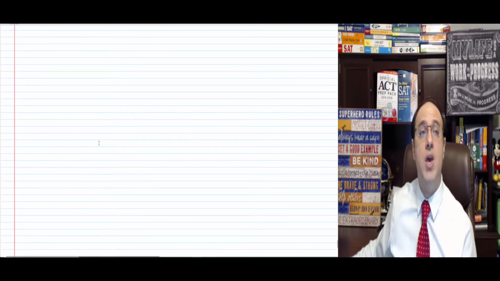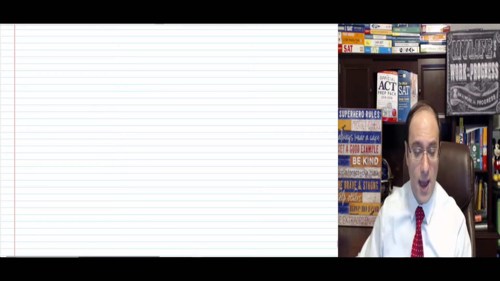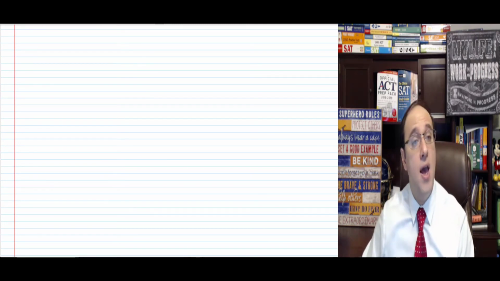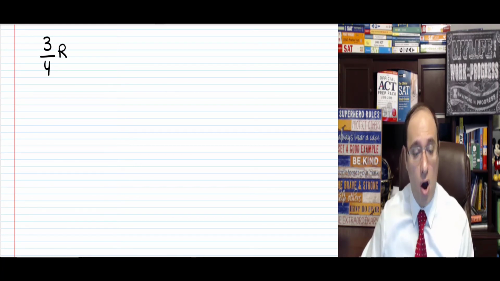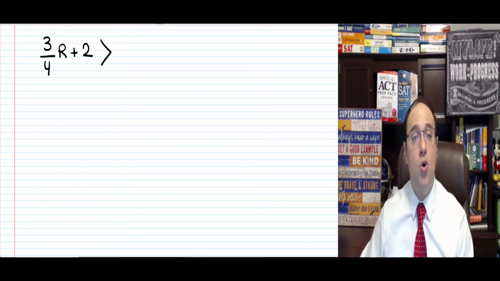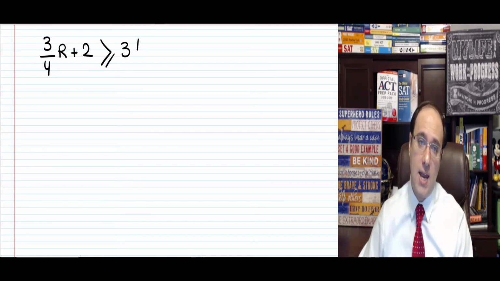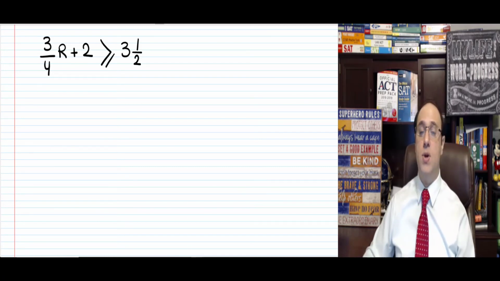Here's one more example for you all. What if I have something like this? 3 over 4 r plus 2 is greater than or equal to 3 and 1 over 2, 3.5.